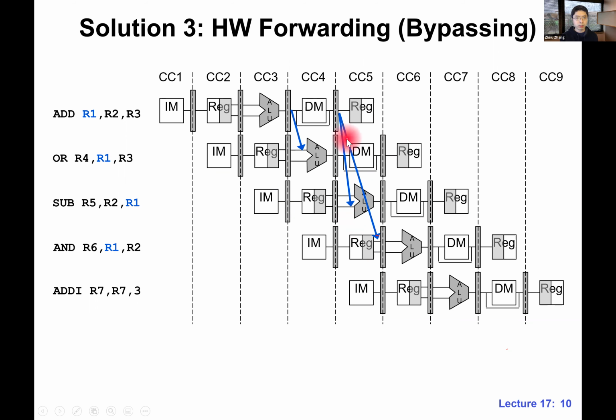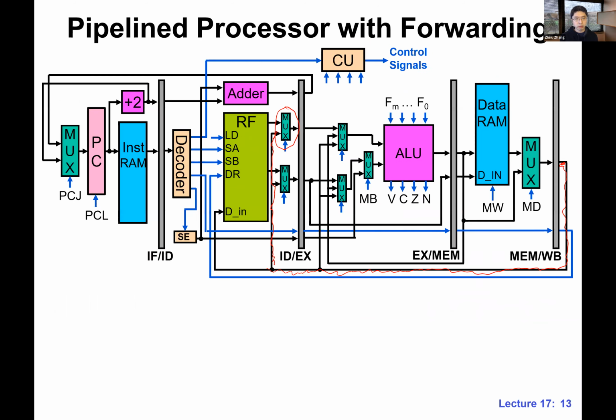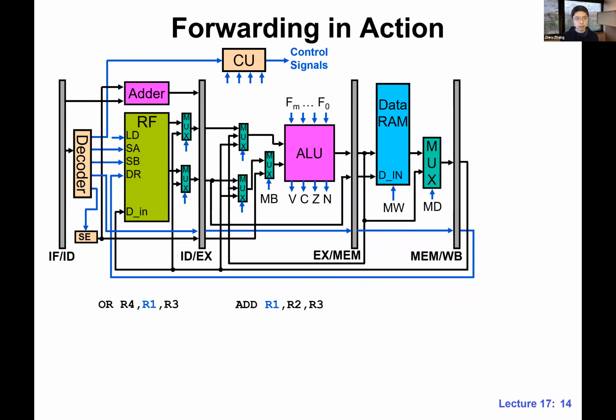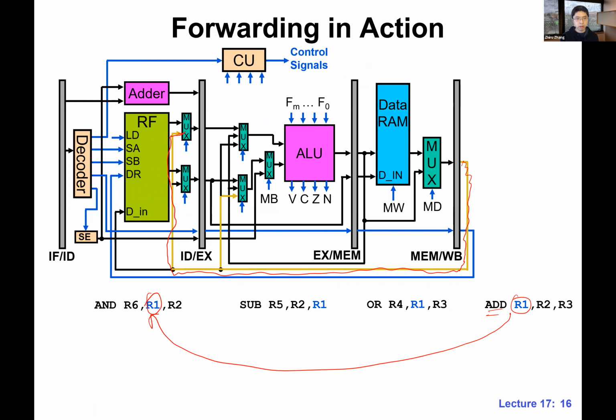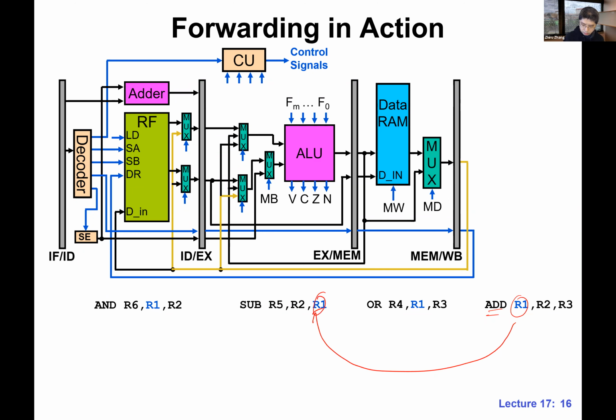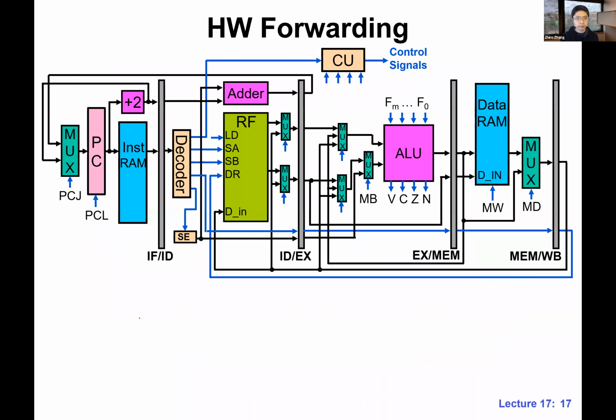In this abstract logical view, we have 2 blue lines here in cycle 5, and these are reflected by this yellow line, right? We are basically doing forwarding here, and we are doing forwarding here. All right. Any more questions? Okay, good. Let's move on.